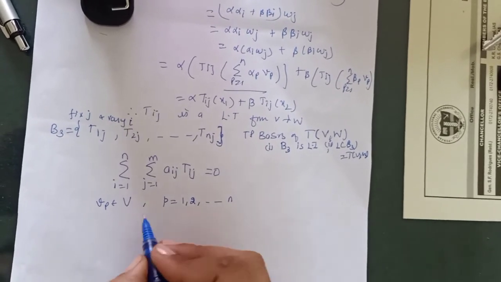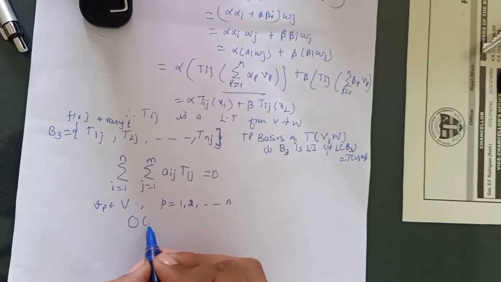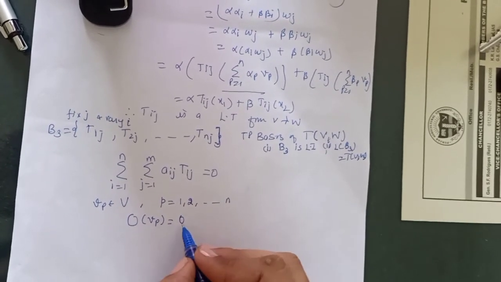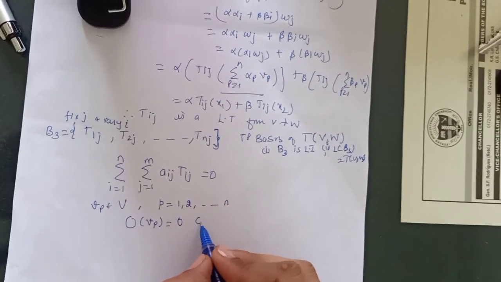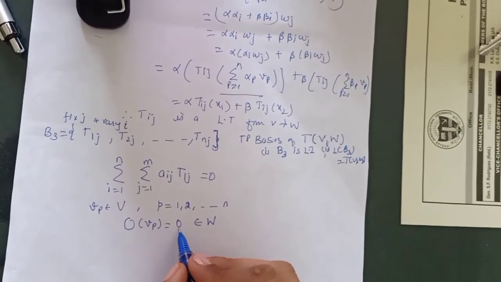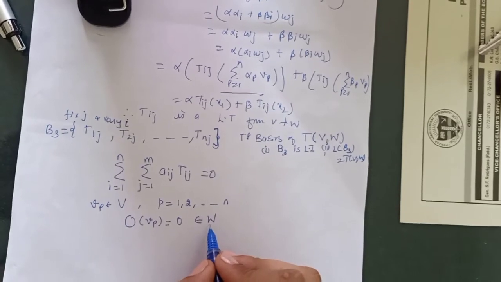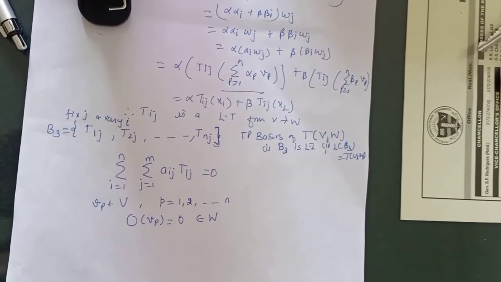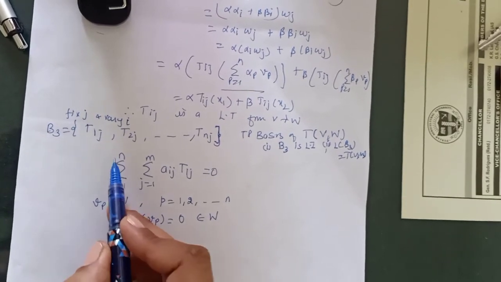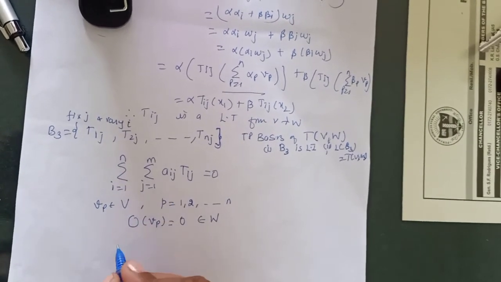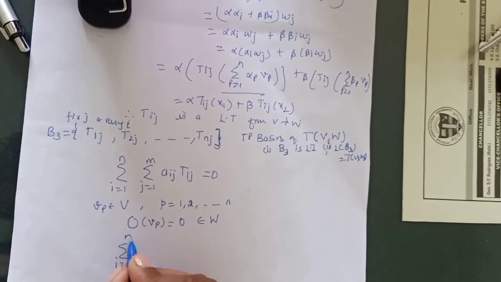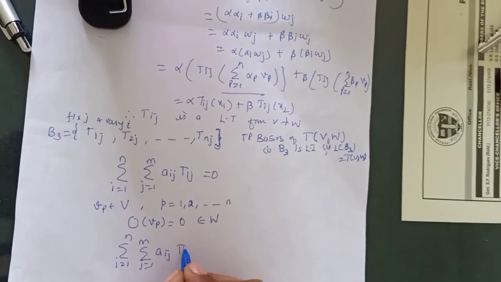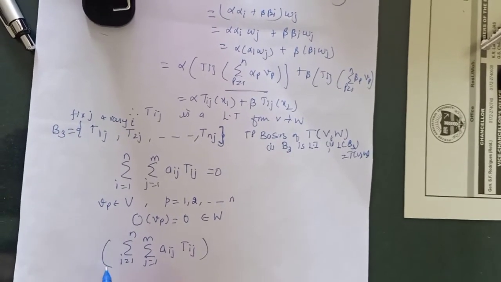Now if we apply this zero transformation on Vp, that would become 0, and this 0 will belong to W, since the image set is a subset of W. So I am applying Vp to this operator.